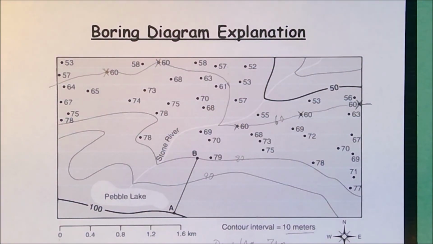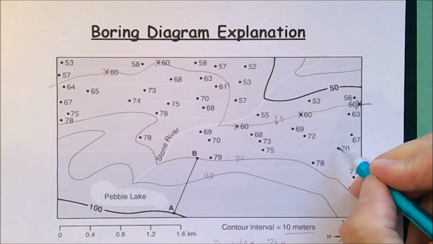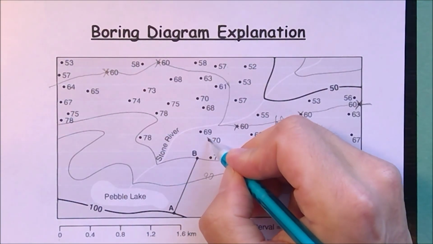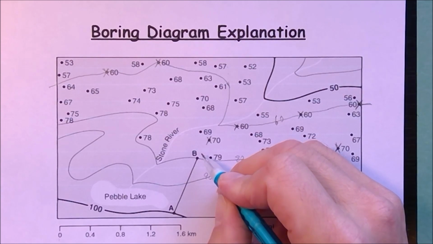All right, we have the 70 contour line. This time I only see 3 measured values of 70. You might have 0 measured values, but if the elevation exists, you're still going to have to draw the line. So I found 70 over here. Here's my second measured 70.